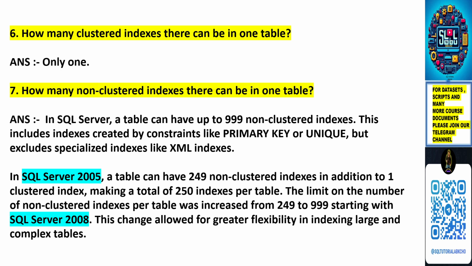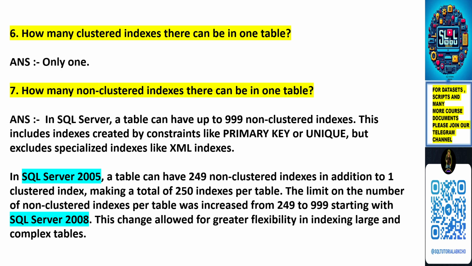Okay, and the main point is that in SQL Server 2005, a table can have 249 non-clustered indexes in addition to one clustered index, making a total of 250 indexes per table. The limit on the number of non-clustered indexes per table was increased from 249 to 999 starting with the SQL Server 2008 version.